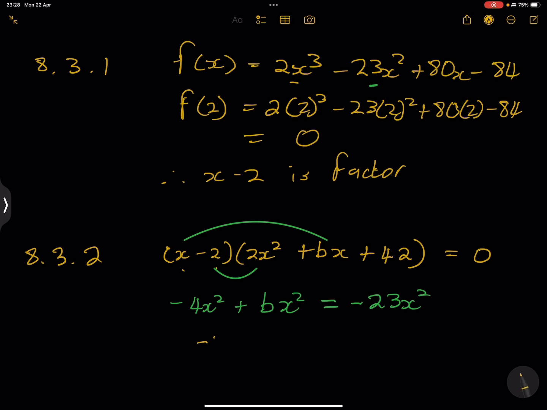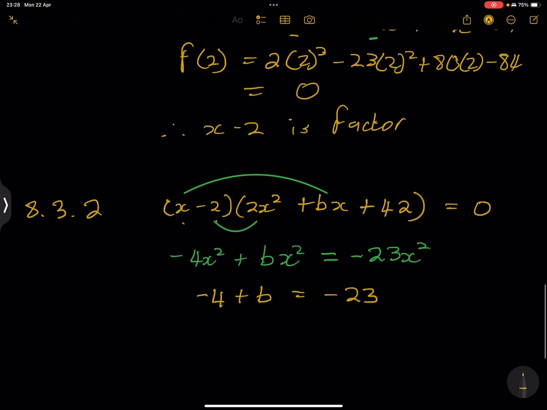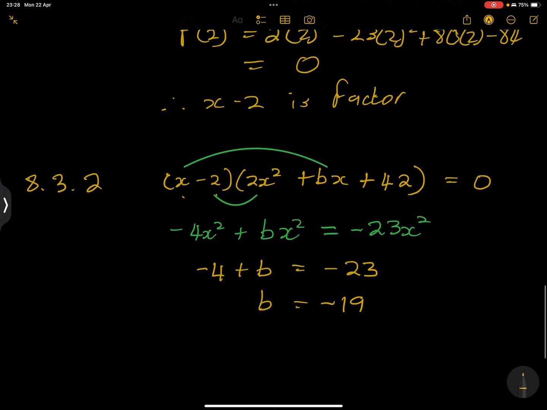So that means that minus 4 plus b would be equal to minus 23. And so b would be equal to minus 23 plus 4, which would give me negative 19. So that means that we've got x minus 2 into 2x squared minus 19x plus 42, and this would be equal to 0, right?